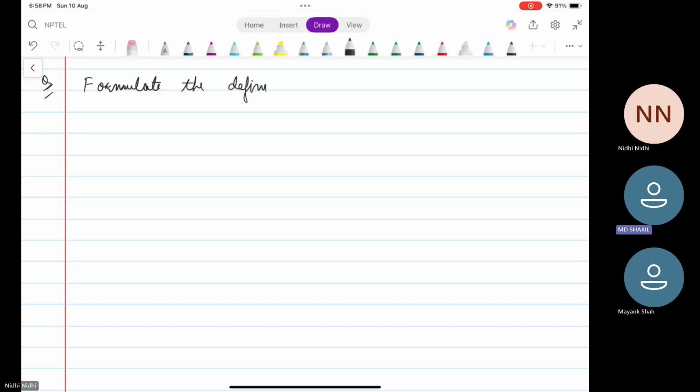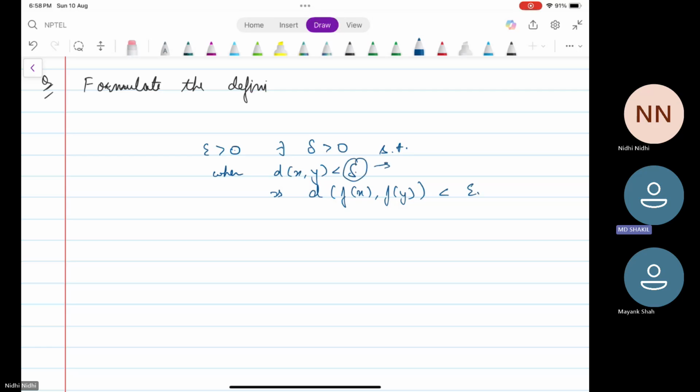Given any epsilon greater than 0, there exists a delta greater than 0, so that whenever d of x, y is less than delta, it implies distance of f x and f y is less than epsilon. And this delta is independent of the choice of x and y. It depends only on epsilon.